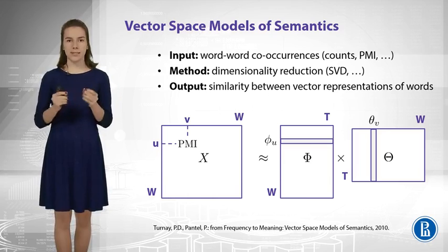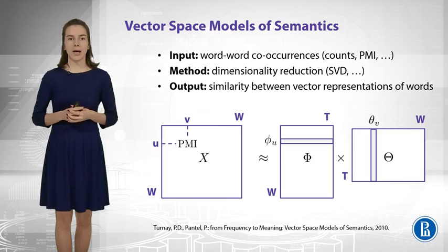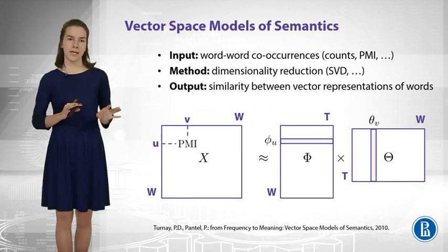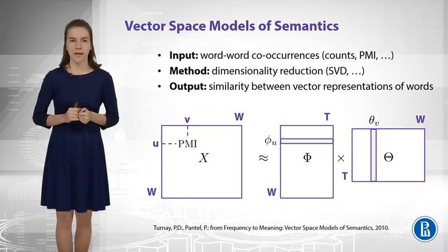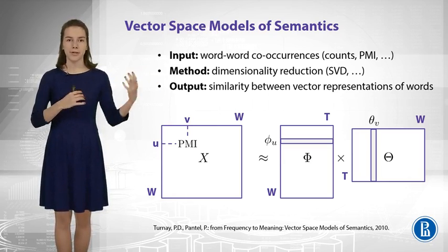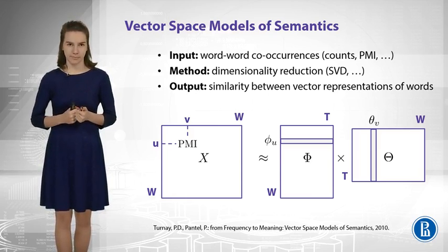And also, if you just multiply phi_u and theta_v as an inner product, you will get the value equal to, let's say, PMI in the left-hand side matrix, right? So I just want you to remember this notation. We have phi and theta matrices. We have phi_u and theta_v vectors. And the matrix way of thinking about it corresponds to the way of thinking about every element, like PMI is somehow equal to the dot product of phi_u and theta_v.